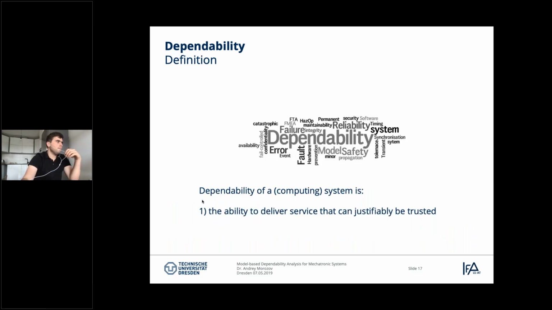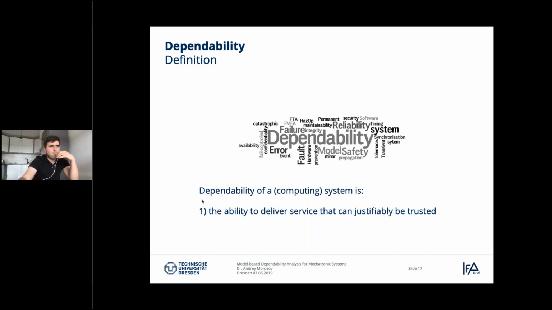Okay. First, let's define what dependability is. Dependability of a system, and these guys were mostly defining it for computing systems, but now it's for systems in general, is the ability to deliver service that can be justifiably trusted. What does justifiably mean?